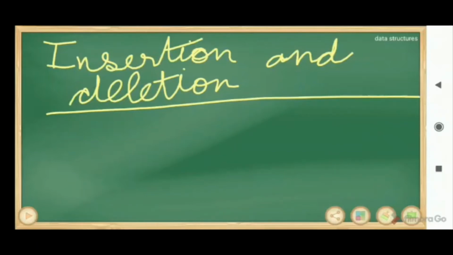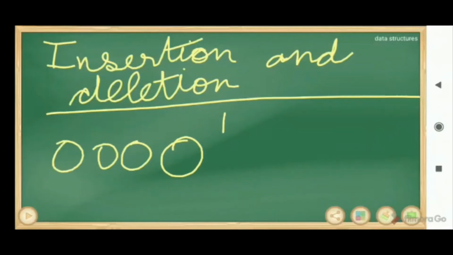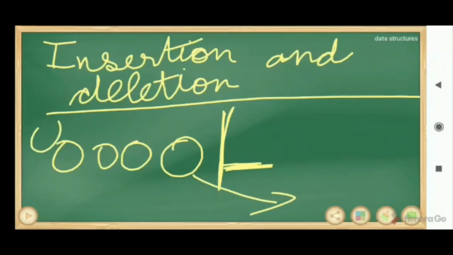So let us consider the example for buying a movie ticket again. We have random 3 to 4 persons. Here is the ticket counter. So as soon as the person gets his or her ticket, he moves out, and another person joins in this queue.